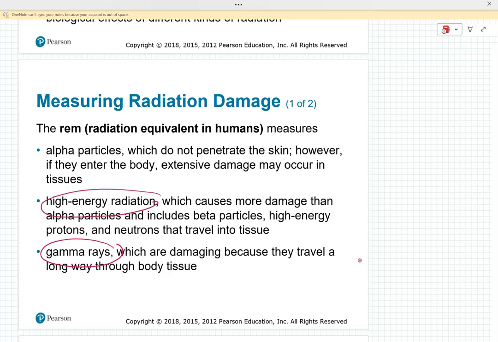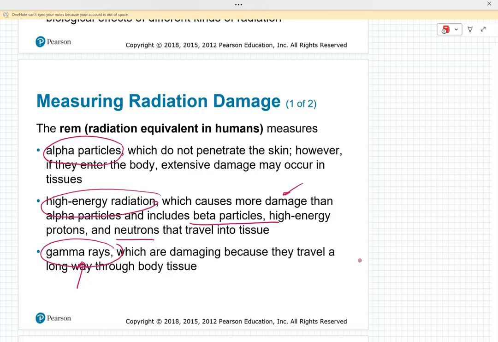With other high energy radiation, for instance, beta particles, or neutrons, or protons for that matter, you can protect yourself, like I did, with a plastic shield. You require less protection, but they still can damage. Now, the damage will not be as bad as from gamma rays, but there will be some. Does that make sense to you? And finally, alpha particles.